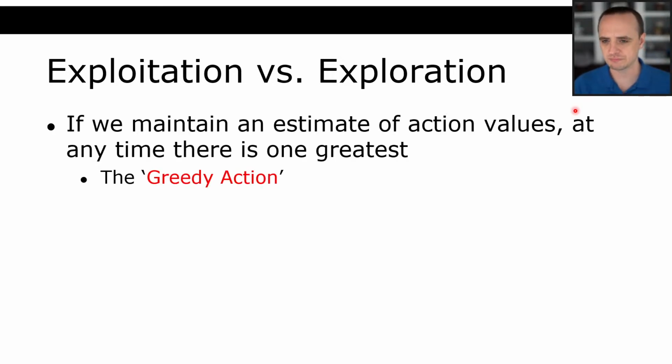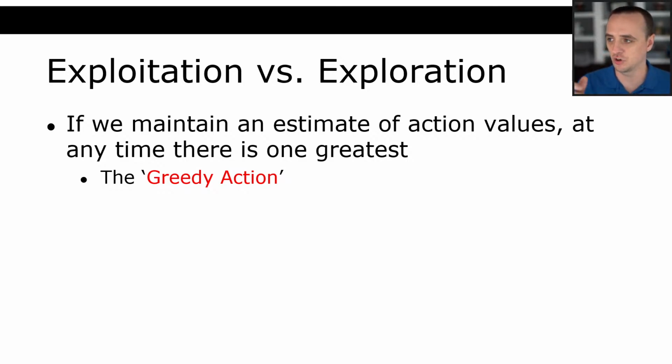If we maintain an estimate of action values, and we'll talk about what that is in a second, if we have some data structure keeping track of which slot machine I think is the best, then at some point in time, there is a value that's the biggest, right? And so if we have current estimates of all the possible action values, the best one is called the greedy action.